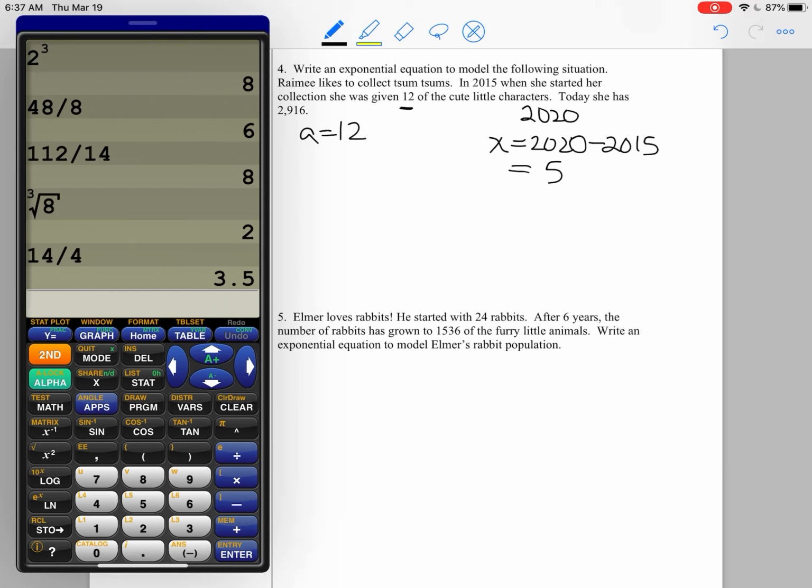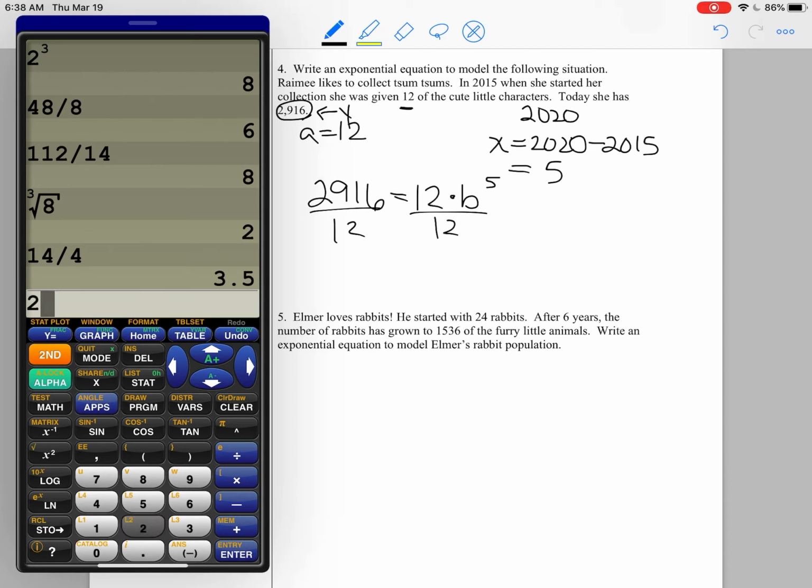All right, so I know this is my ending value, so that's my y. So 2,916 equals 12 times b to the 5th power. Divide this by 12.